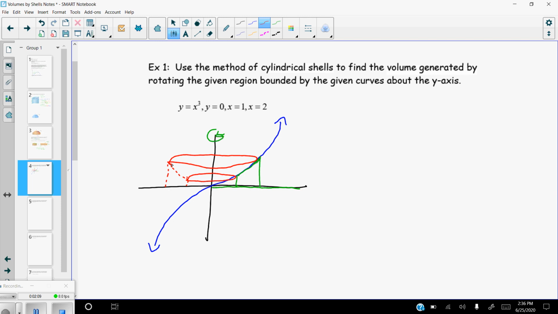And then if we were to draw one representative shell, the shell is going to go from the center out to the side. So one shell, let's pick something in the middle here, starting there, is going to wrap itself around like that. And then of course it's a shell of a cylinder, so it's going to come down like that. So this piece is going to be the cylindrical shell portion.